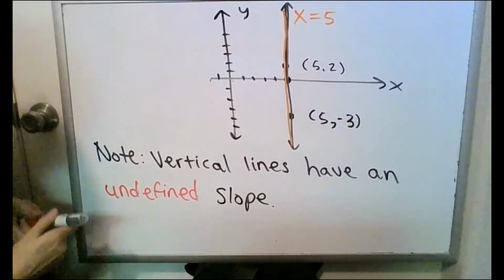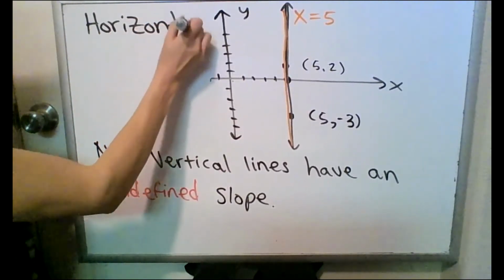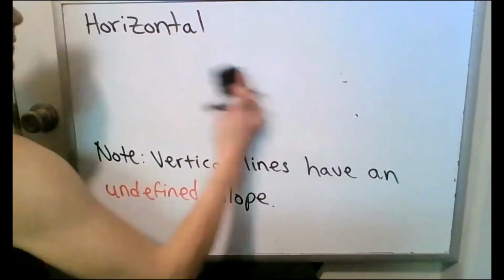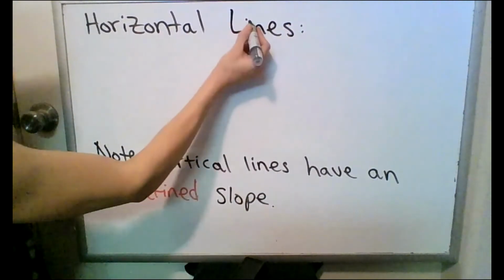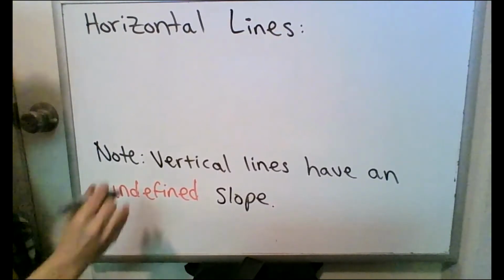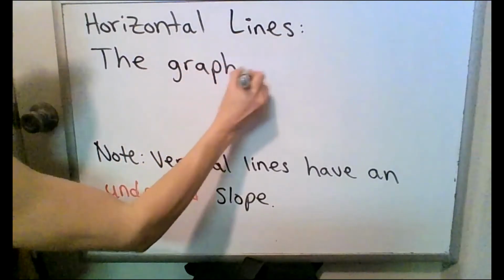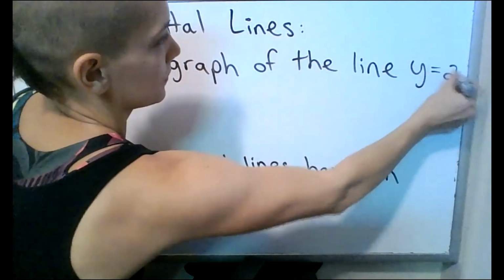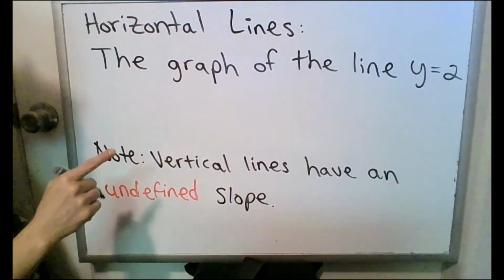Okay, we're talking about horizontal lines now. So the graph of the line y equal to 2 is the set of all points whose y coordinate is 2.